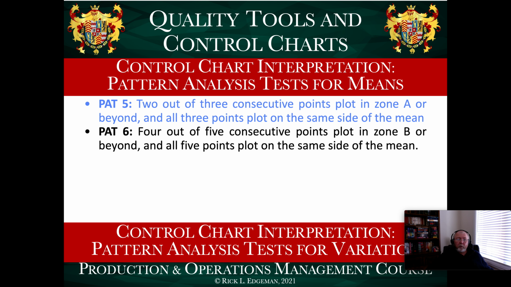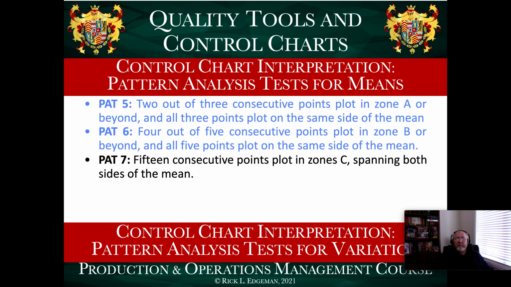Right? 1 point, 3 points in pattern 5, 5 points for pattern 6, 9 consecutive points for pattern 2. Pattern 2 is also a change in the mean, either an increase or a decrease. But since it took 9 points, it's generally a smaller, more subtle change. More points, more subtle.